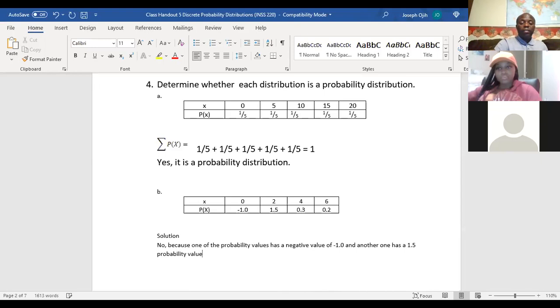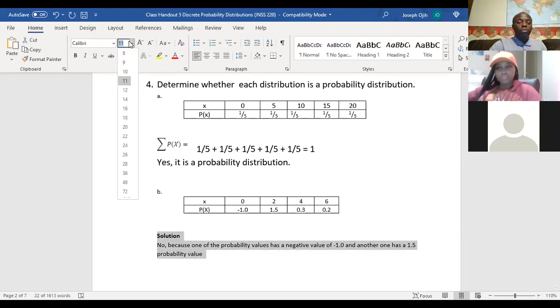So because of that, it is not a probability distribution. It violated the second rule.